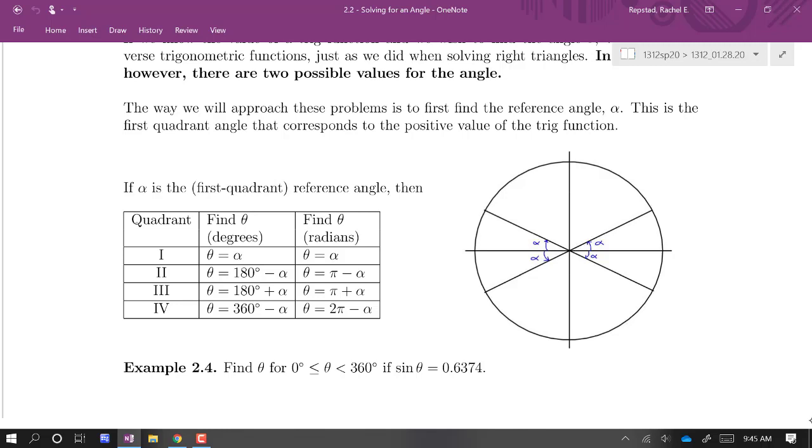We have a really good reason for this. This is a fail-safe way of finding all the angles you need. The arc functions are designed to give specific kinds of answers. Arcsine will only give you an angle in the first or fourth quadrant.